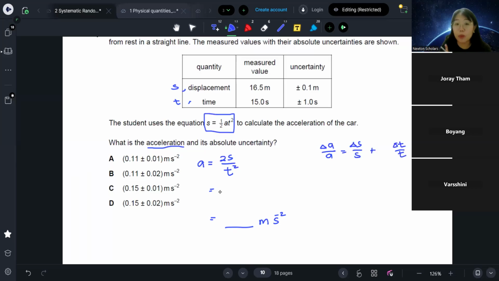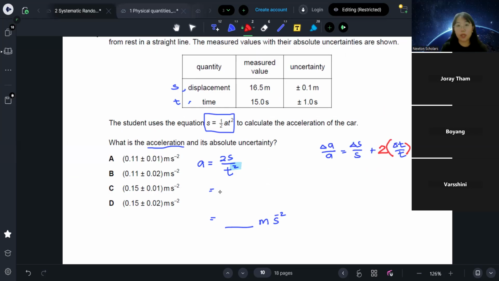But right now we already learned something new. The t squared here is actually a power. So what should I do? I should move the 2 here times the fraction. You might use a red pen to do the same thing as me, so that you know what is the new thing we want to learn in this question.